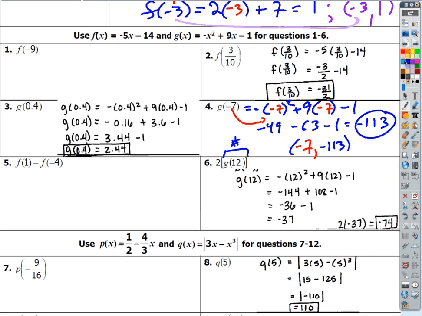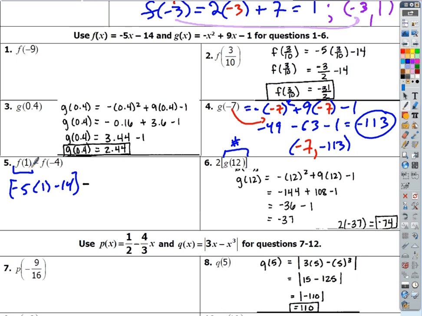What's f of 1? Negative 5 times, instead of an x, I've got a 1, right? Minus 14, minus f of negative 4. But what I should do here is put that in parentheses or brackets, because that all is going to give me one single output number, that's f of 1.